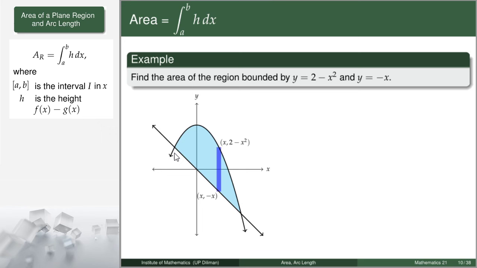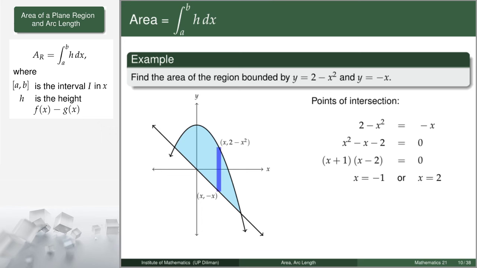If I observe it well, these two points are exactly the points of intersection. So by getting the points of intersection, I will find out that there are two points of intersection here, one at -1 and another at 2, thus giving me the interval that I need. And thus, the area will just be from -1 to 2.